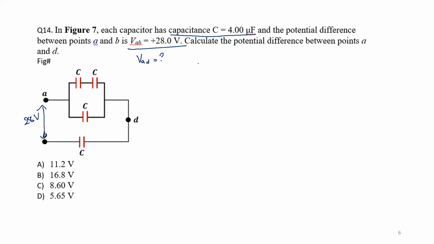So here you can just say that, of course, VAB is VAD plus VDB. Okay. So I have 28 is equal to my unknown, which is what I want, VAD, plus VDB. Now getting this VDB might be easier. Okay. Let's get VDB.